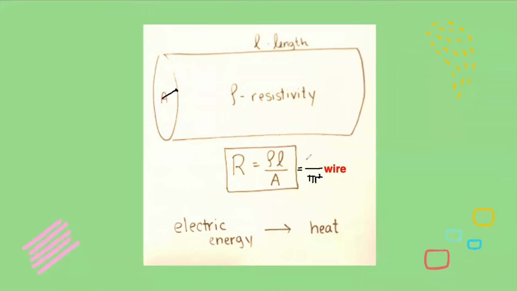So if I do pi r squared on the bottom, I see that changing the radius has a large effect on resistance. Doubling the radius would actually quadruple the area and quarter the resistance.